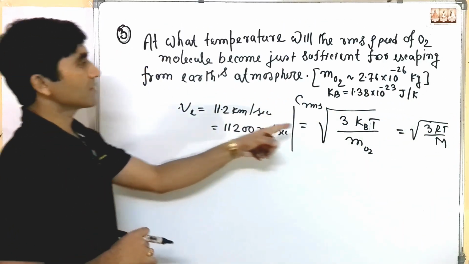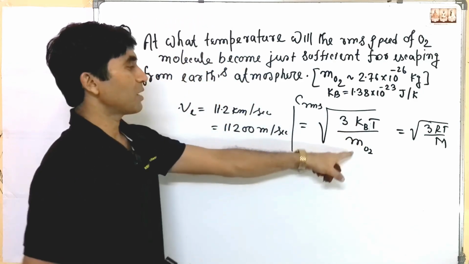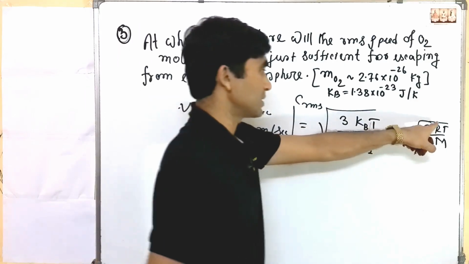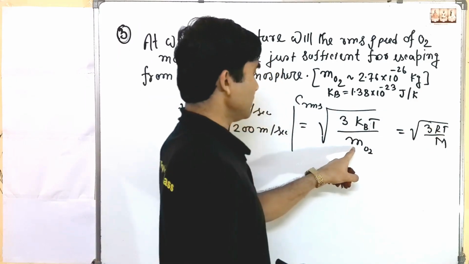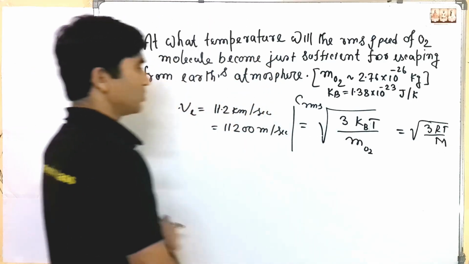So here it is required kB and mass of single molecule. So basically Avogadro number से दोनों तरफ मल्टीप्लाई करेंगे तो this will be coming R, and Avogadro number से मल्टीप्लाई करेंगे तो this will be coming total mass.